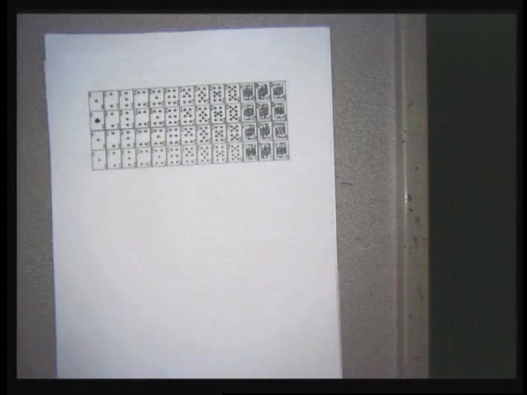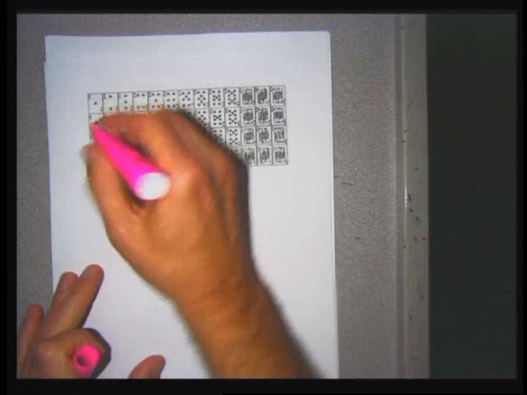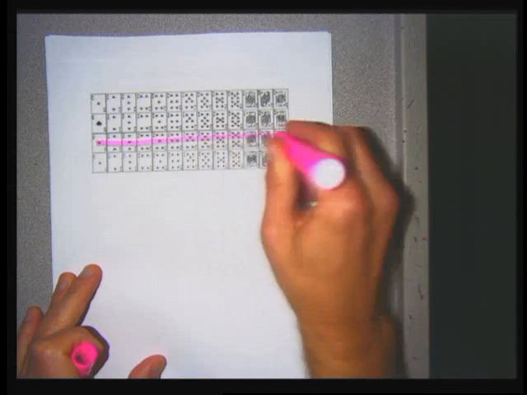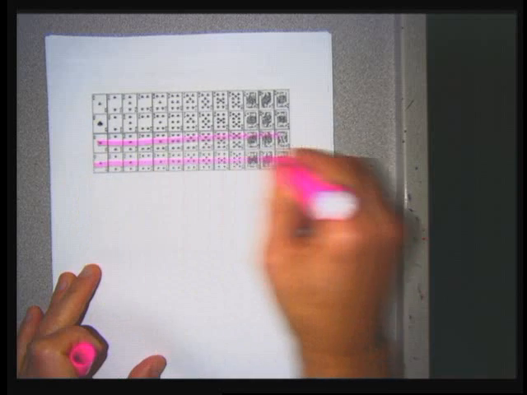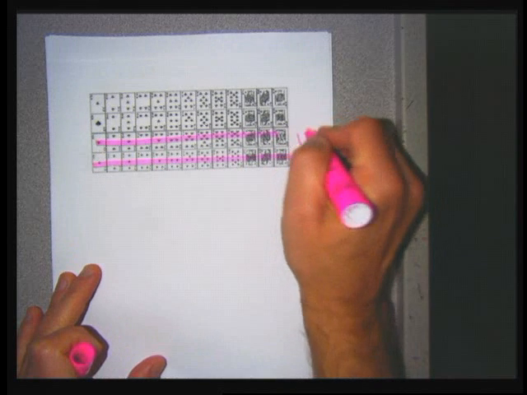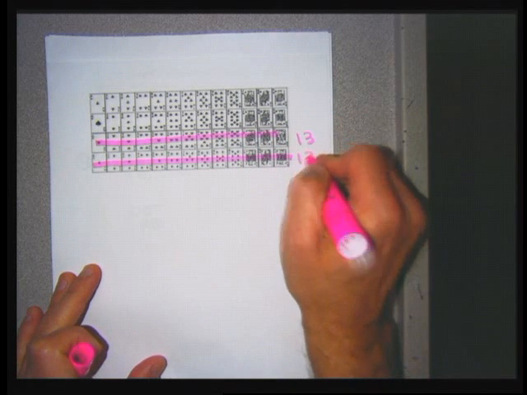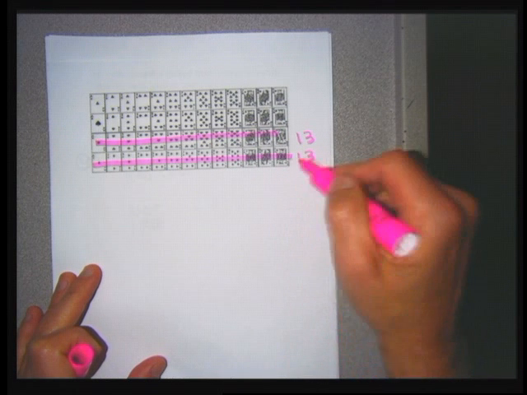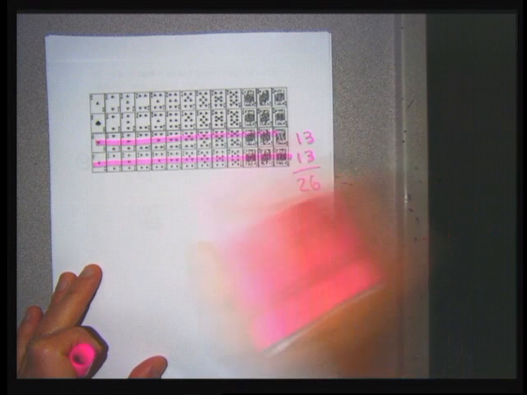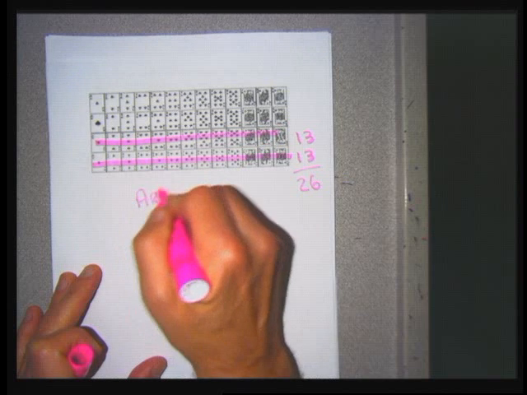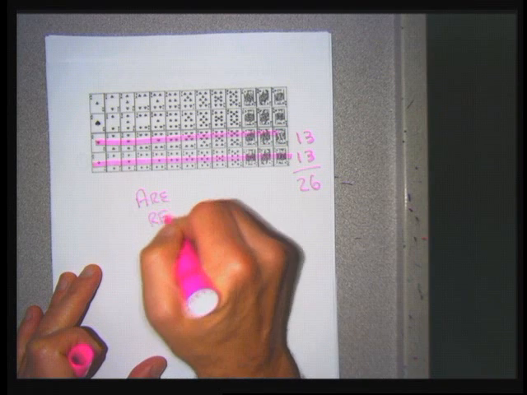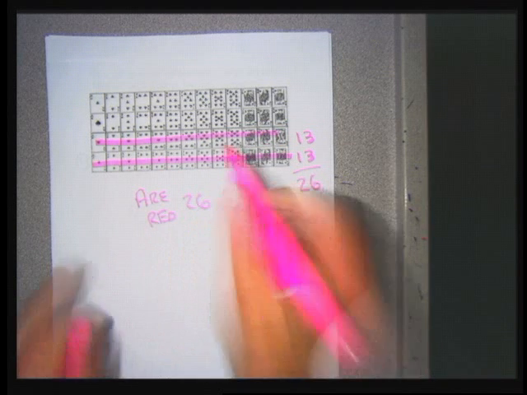So for me, the red cards are all the hearts and all the diamonds. There's 13 hearts and there's 13 diamonds, and so 13 plus 13 is 26. So for the are red, there's going to be 26.